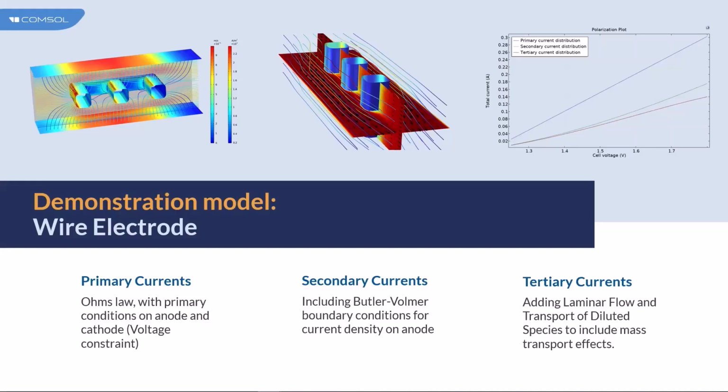So that's a voltage constraint. And then next we include Butler-Volmer boundary conditions for the current density on the anode. And then finally we add laminar flow and transport of diluted species to include mass transport effects of a species towards the boundary. So let's start COMSOL.